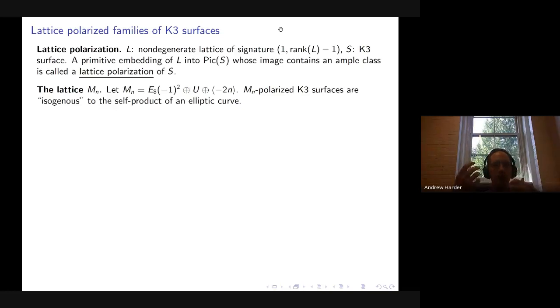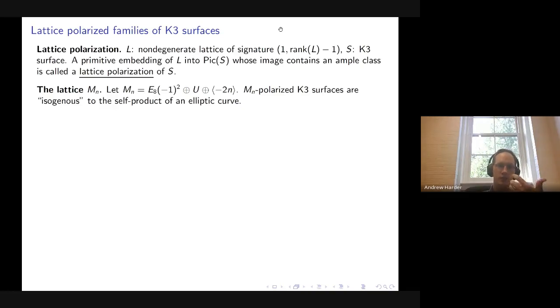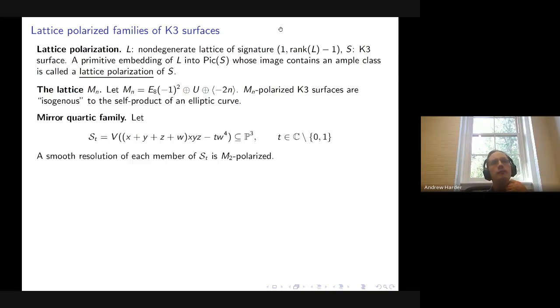There's a formal way of saying this due to Morrison, but I won't go into detail about that. Generally speaking, you should think about these things as being geometrically, and definitely Hodge theoretically, essentially products of elliptic curves with an n-isogeny between them.